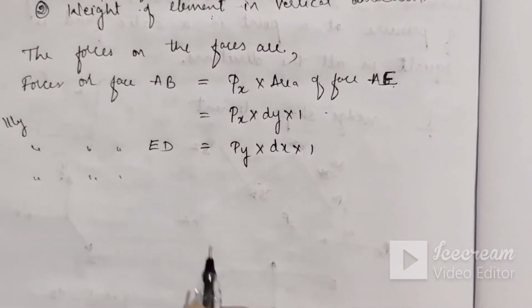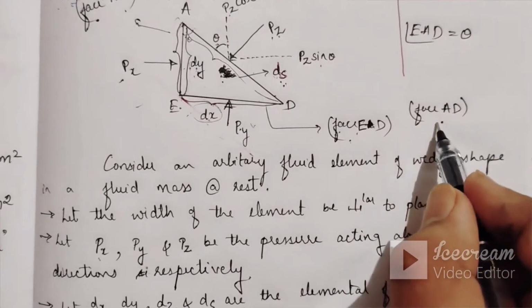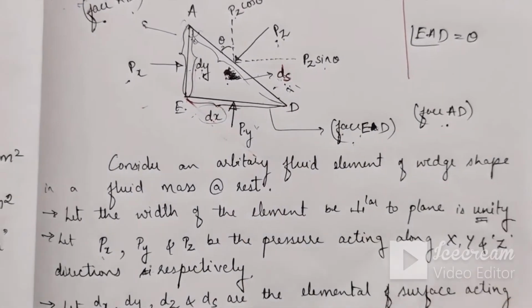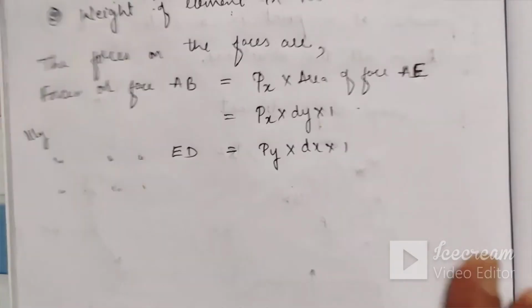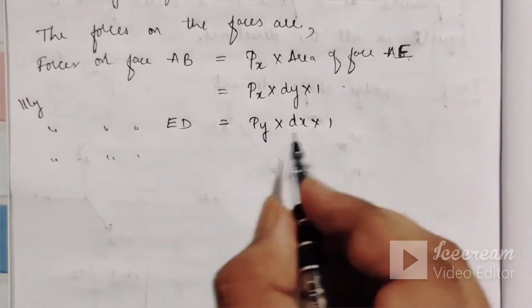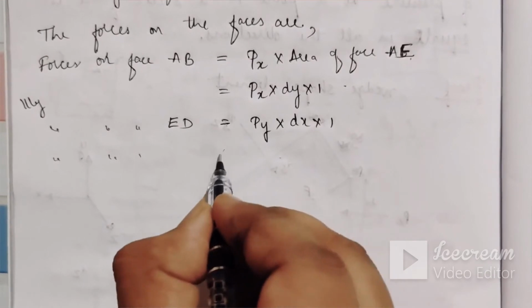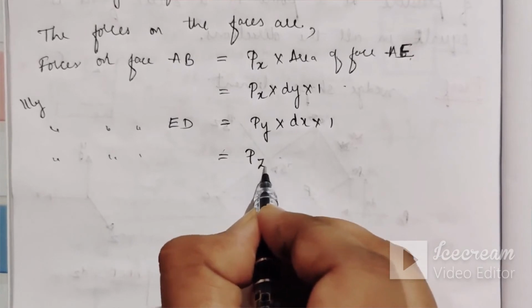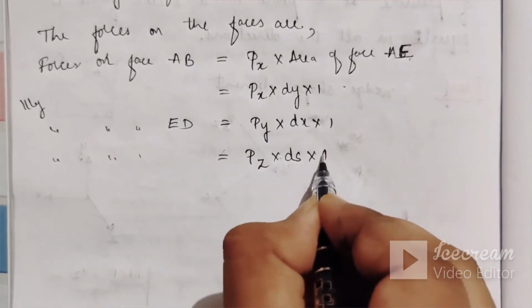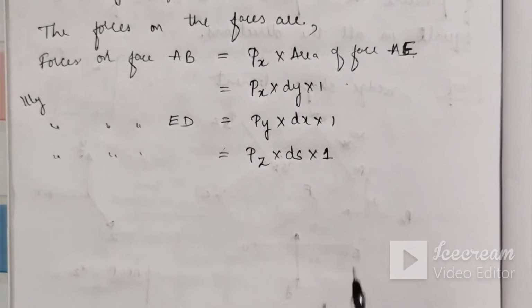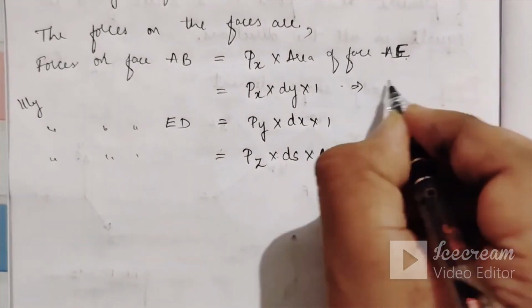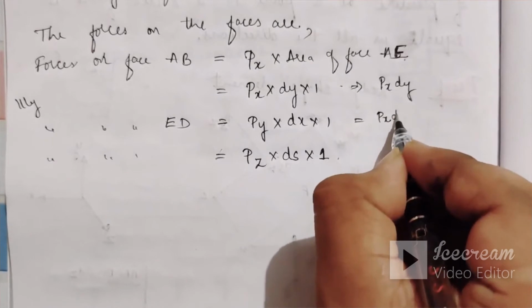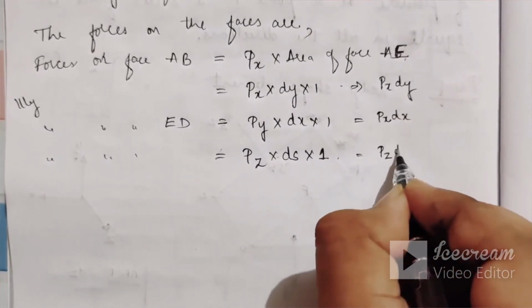Then similarly, the force on this face AD is pz into ds into 1, unity. But if we take moment, it will not be unity; then the term dz will come. So we have px into dy, py into dx, pz into ds.